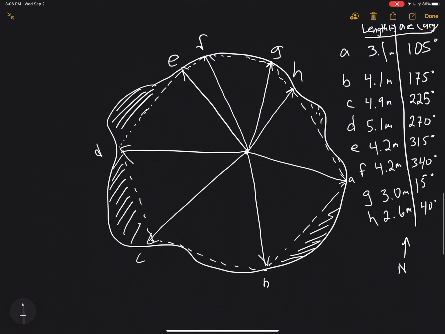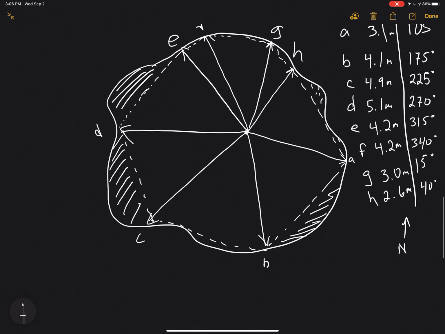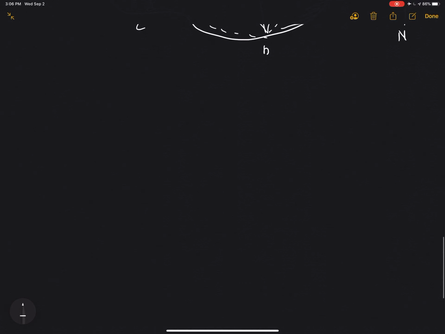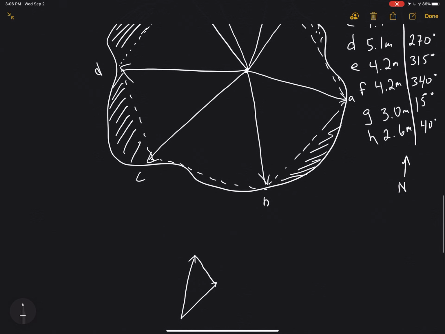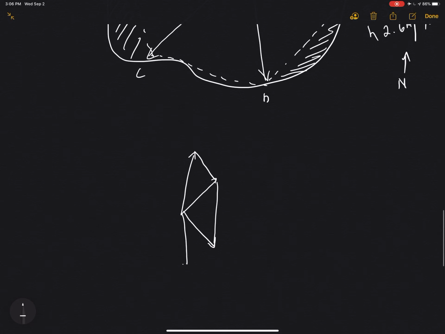So our next move back in the office is to pull up our list of radii paired with their directions and lengths and recreate what's meant by those measurements, just those triangles. So got it kind of like this, and so forth on around.